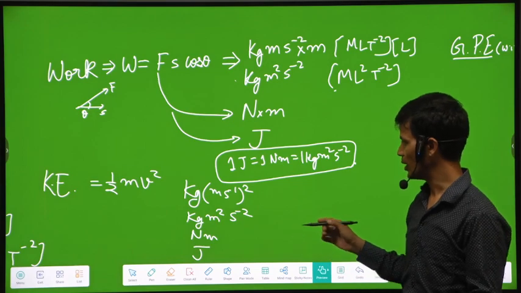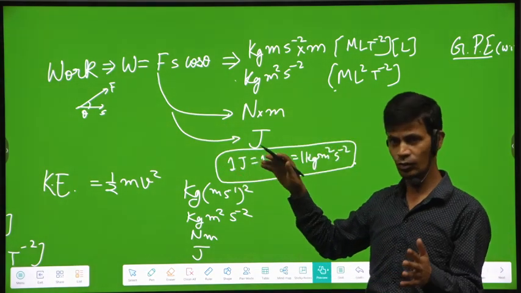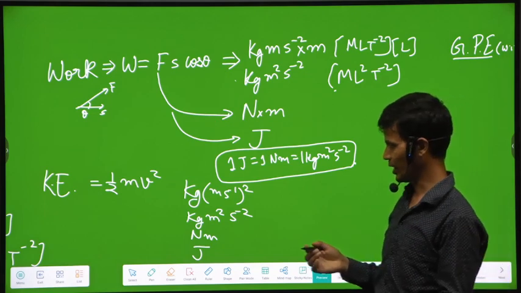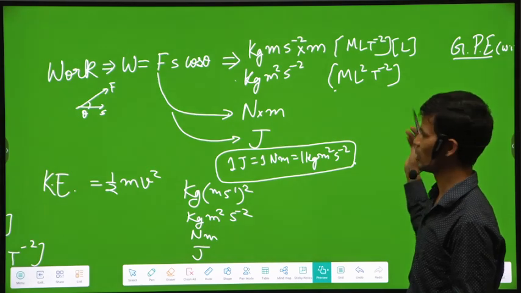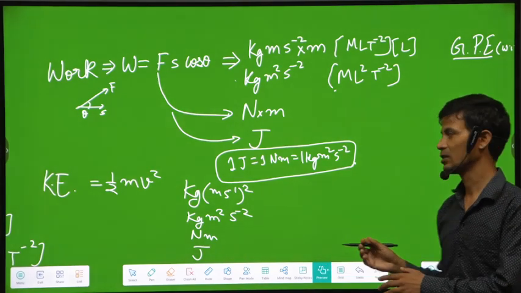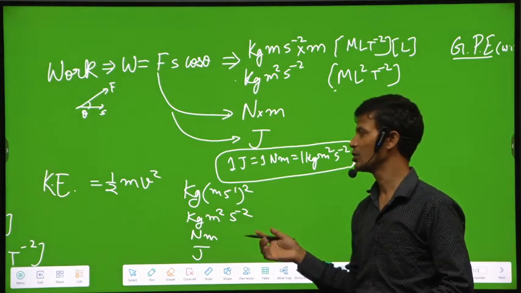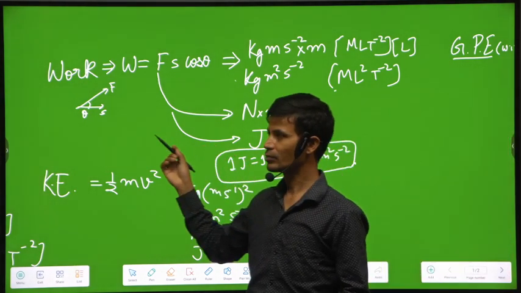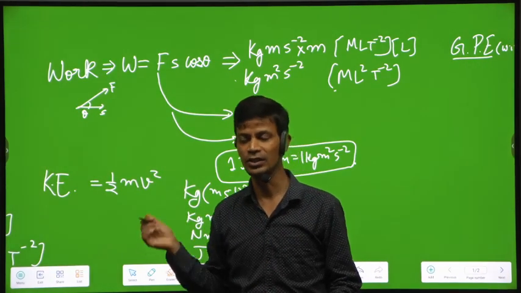So all these quantities are correlated to each other. Some people may say that work and kinetic energy, or work and potential energy, have different nature. No, they have the same nature because of the work energy theorem, and work is totally associated with potential energy also.